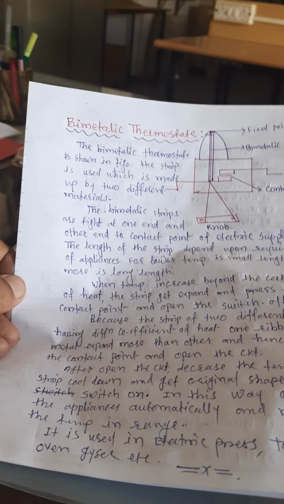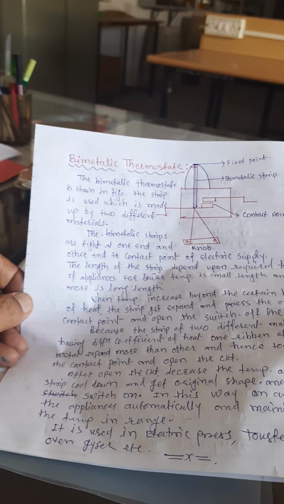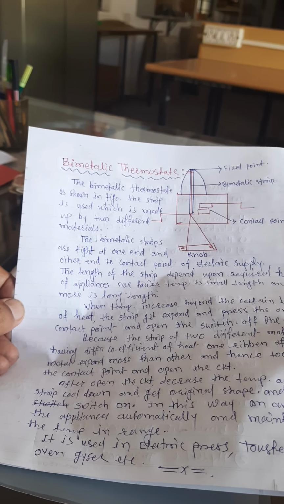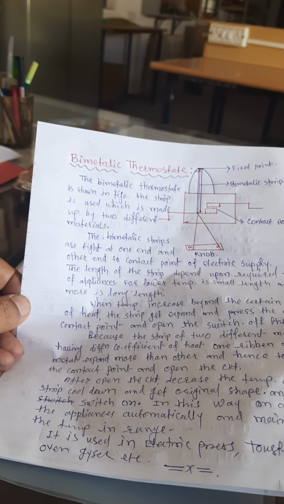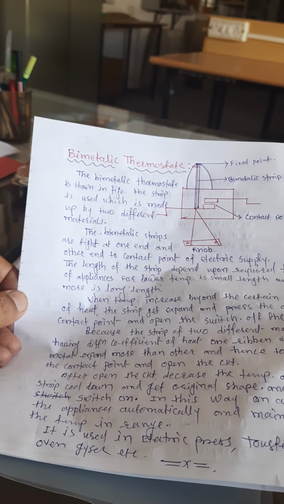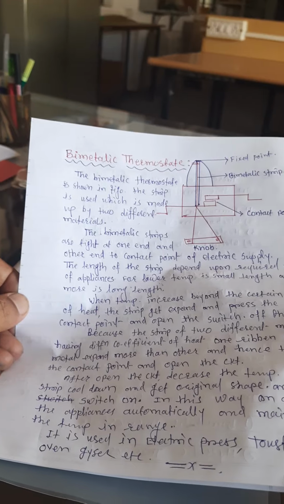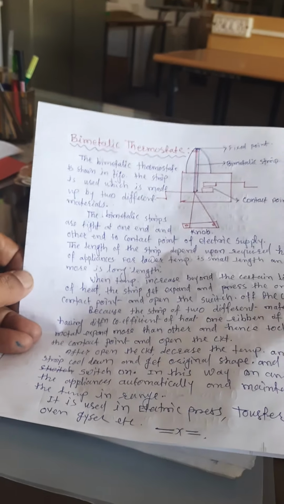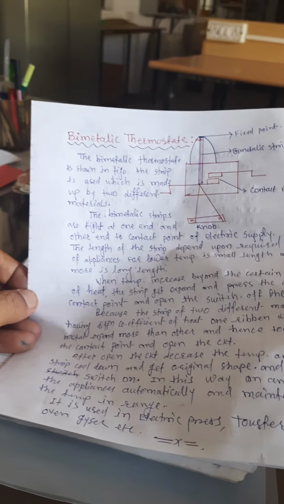That shape touches the contact point of the thermostat. As soon as the strip pushes the contact point, the switch is off and disconnects the supply.